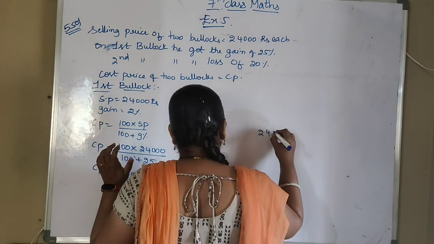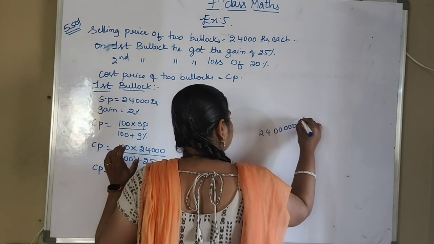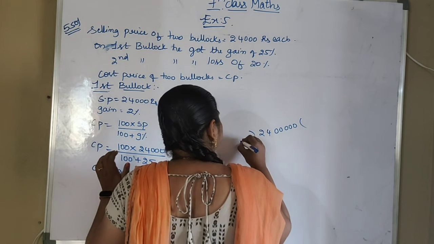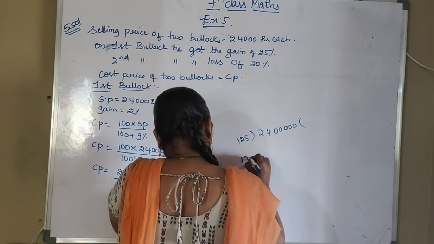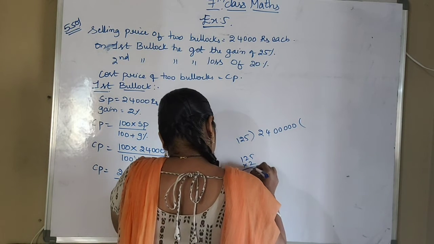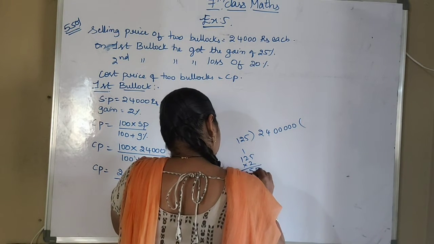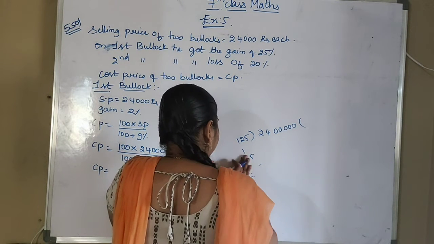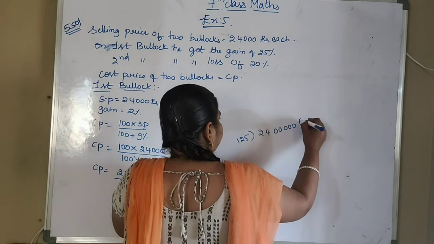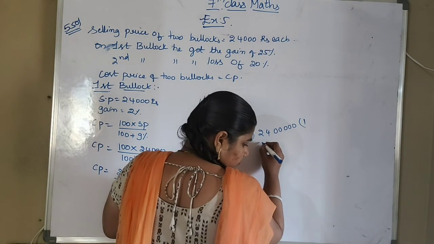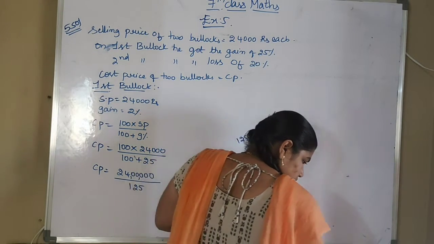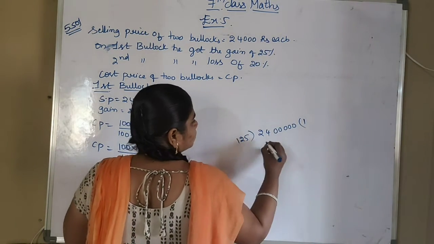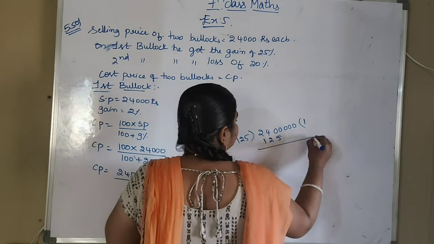I don't have space. Dividing by 125, 25 ones are 125.